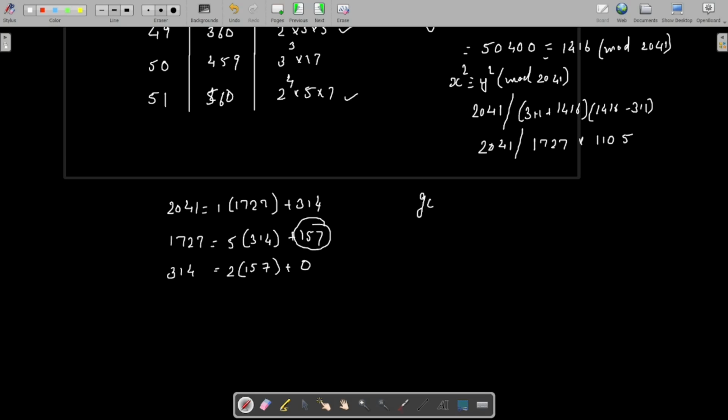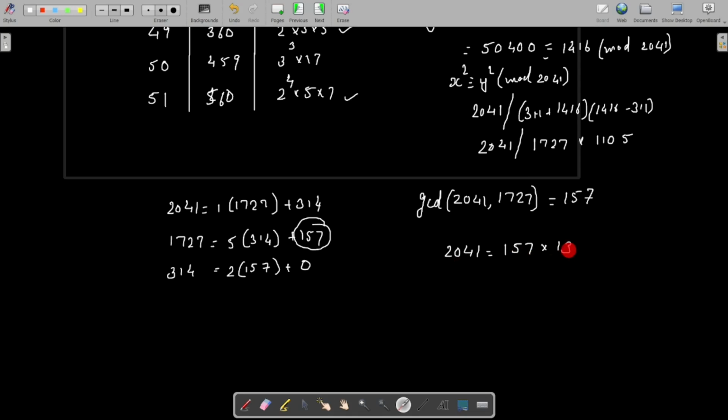So you can conclude here the GCD of 2041 and 1727 is equal to 157. That means that this 157 is a factor of 2041. So you can divide 2041 by 157 and you can see that it is 157 into 13. Okay. So we have factorized 2041 as 157 into 13.